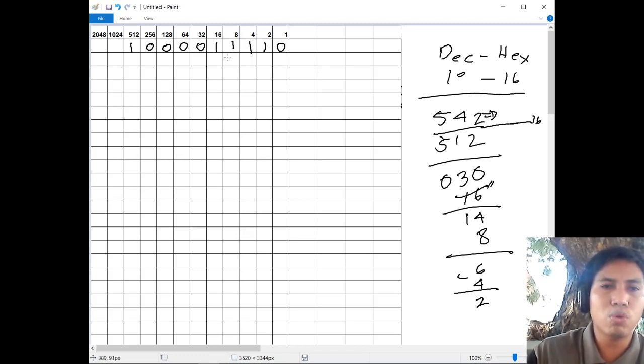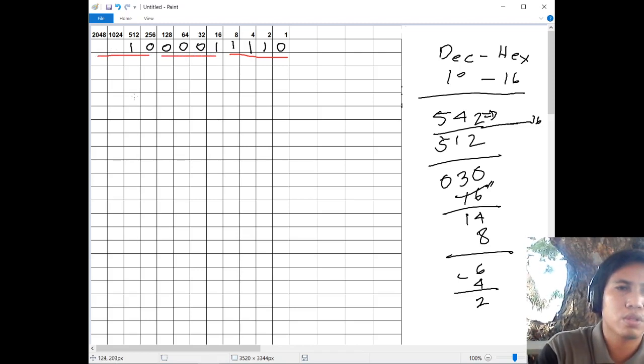Now, we just need to group the binary value into groups of 4. So, 1, 2, 3, 4. 1, 2, 3, 4, and then this one. So, we just need to put 0 and 0.